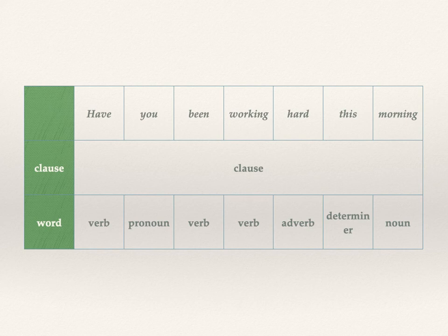It's the model of words and clauses, or because the term sentence was often used, words and sentences. But to be consistent with our terminology, we'll say words and clauses. However, it doesn't actually take much work to show, by manipulating the clause, by looking at alternative versions of the clause, that the verbs don't serve directly in the clause, but they serve in groups that function in the clause.